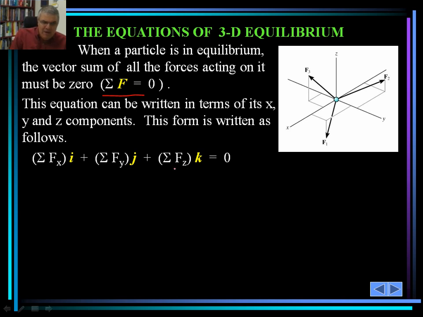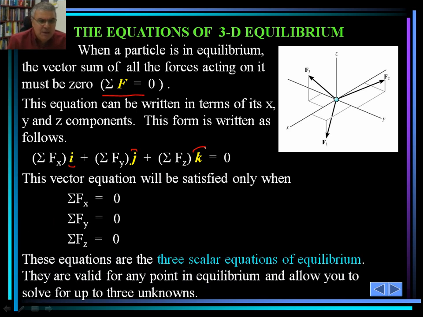That means every time we have forces in the x direction, all of the components in the x direction of the three-dimensional force must be multiplied by a unit vector i. If they're acting in the y direction, it is multiplied by a unit vector j, and k is for those acting in the z direction.